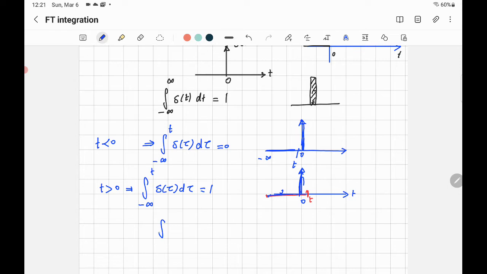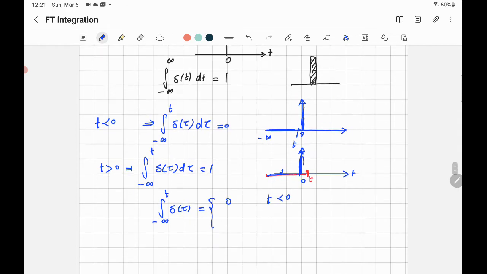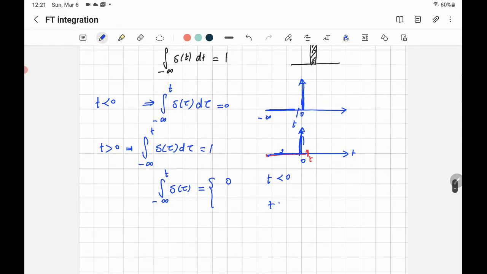So now you can say that the integration of the unit impulse from negative infinity to t has two solutions. It depends on where t is. If t is less than 0, the result is 0. If t is greater than 0, it is equal to 1. Now if you hide this integration and look at that, what is the function that's 0 when t is less than 0 and 1 when t is greater than 0? It's the unit step.